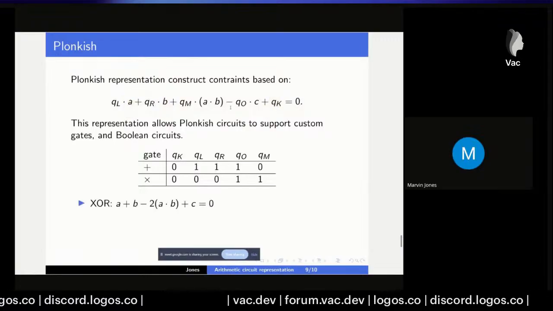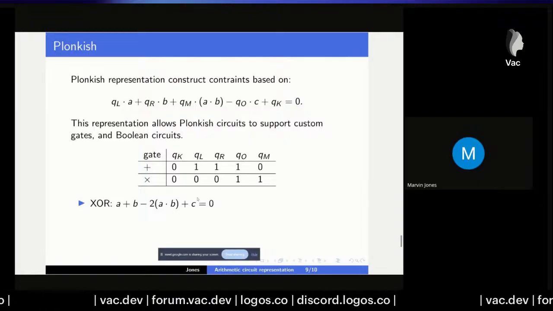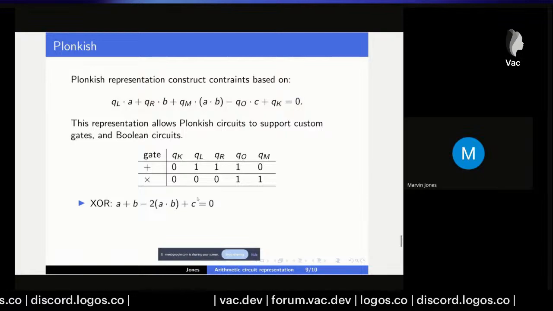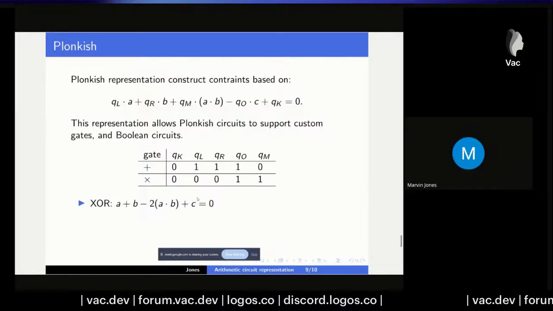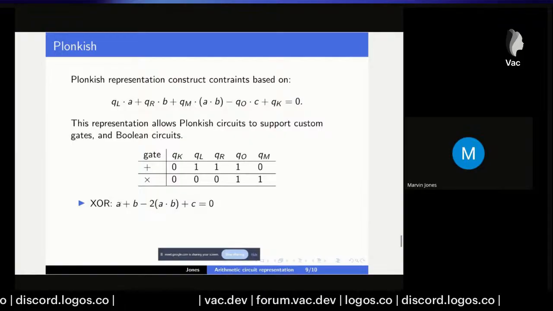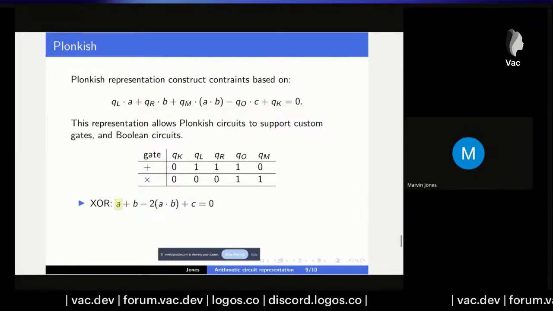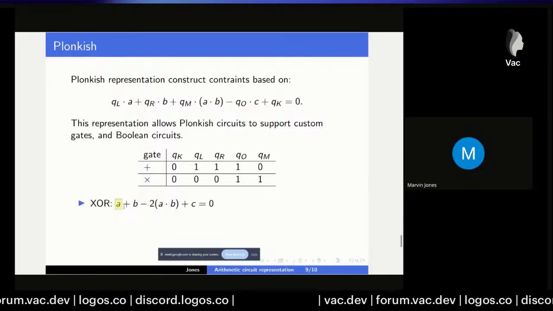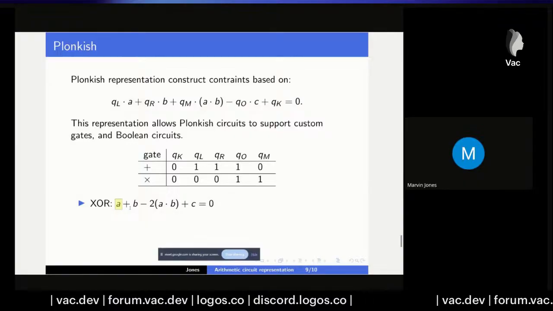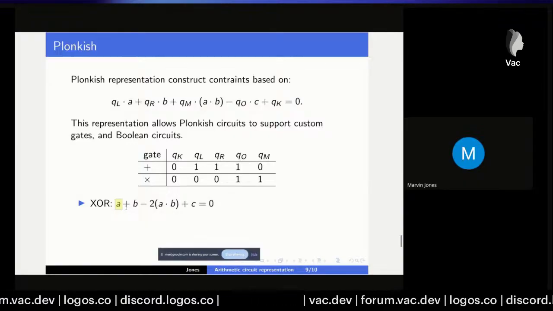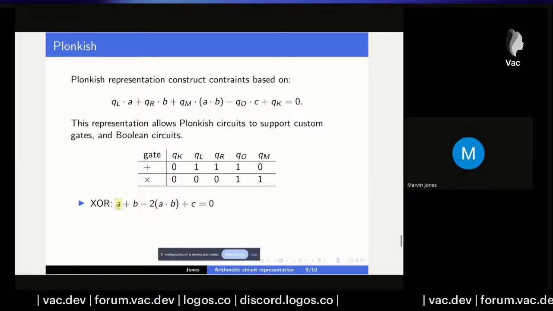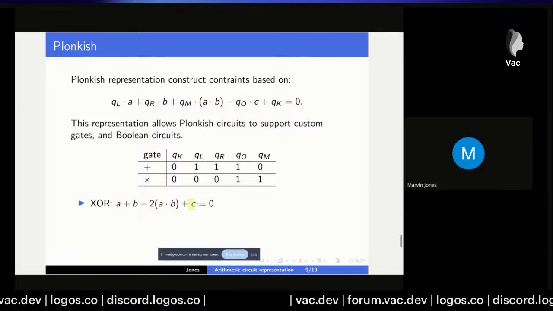So we get XOR. With XOR, just to clarify, we can represent XOR with a single constraint instead of a bunch of constraints that we would have had to do in R1CS. So with this, I'm able to represent it in a single equation. If I wanted this to be 1, so if A and B were 1s and 0s, then I can check this. If they're both 1, XOR is one or the other, not both. So what that would do is if both were 1s, then this should be 0.